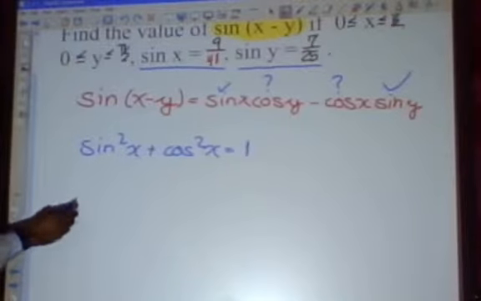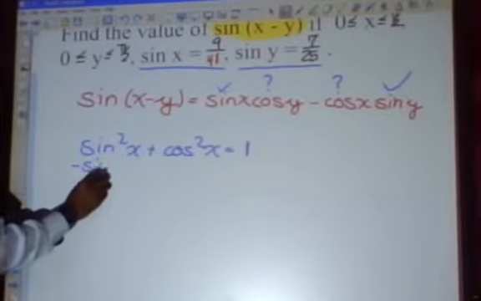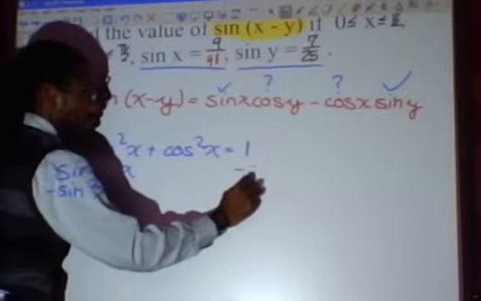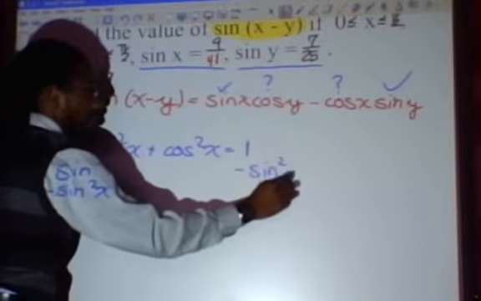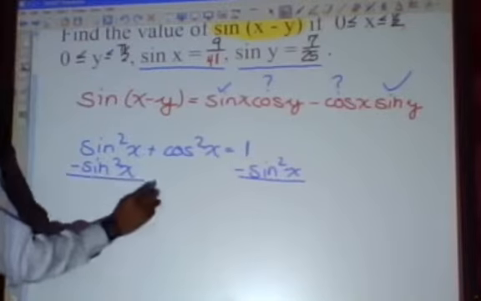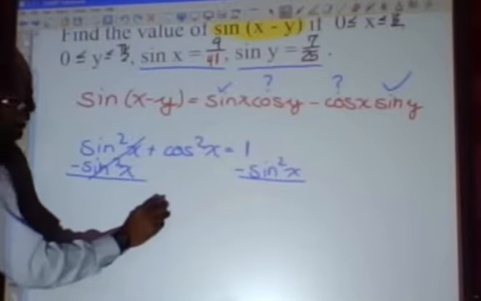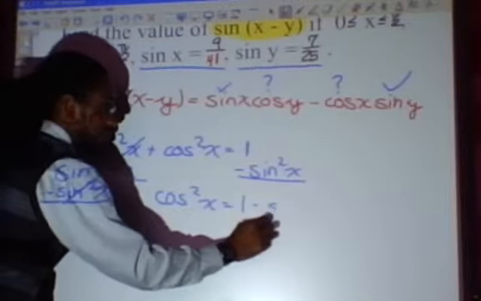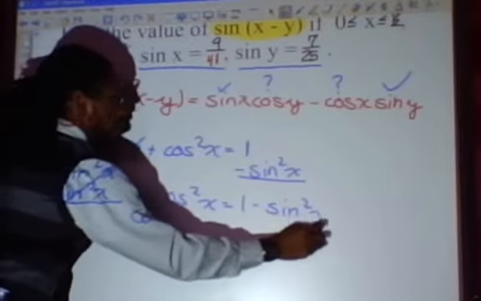We subtract sine squared x from both sides. It cancels out there, so we have cosine squared x equals 1 minus sine squared x.